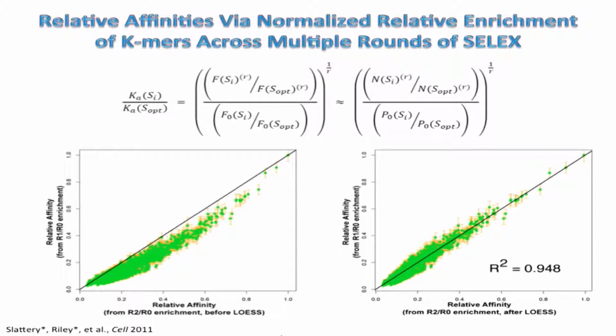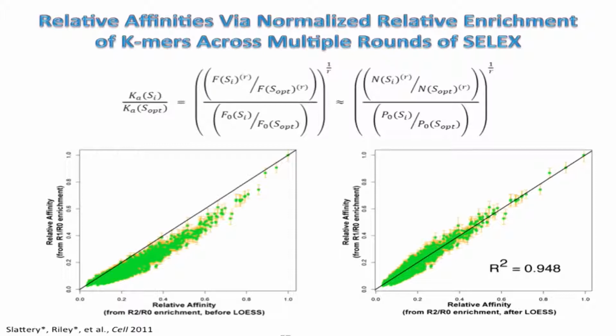And the curvature is because there is saturation. Even though we tried to make sure that the protein concentration was far, far less than the DNA concentration in the SELEX experiment, there's still some curvature in here. So there's saturation of the highest affinity binding sites.